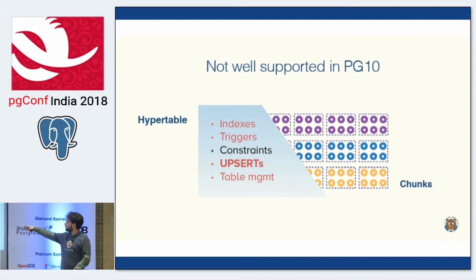And what I would point out is that upserts, which are ON CONFLICT clauses in Postgres, you can't do at all in Postgres with declarative partitioning. Upserts are very common in time series data because time series data are often measurements coming from somewhere, and you might want to repeat the measurements. So ON CONFLICT DO NOTHING is a very common and natural thing you would want to do. And you can do it with us, and you can't do it with Postgres partitioning.